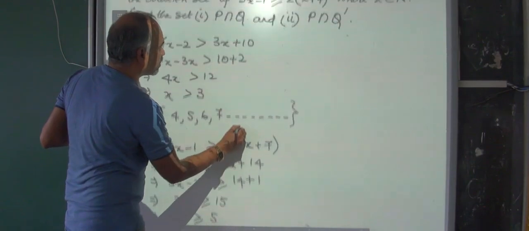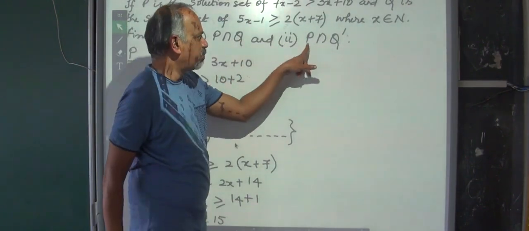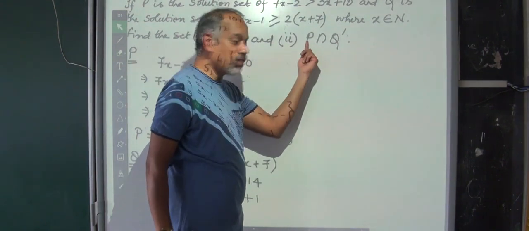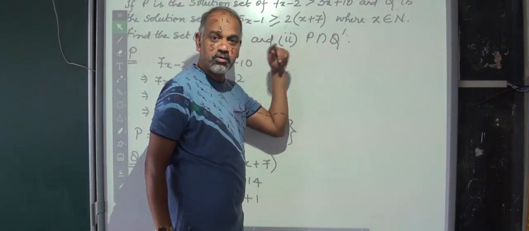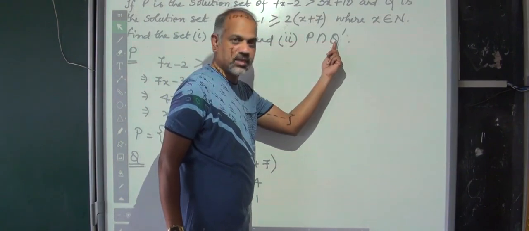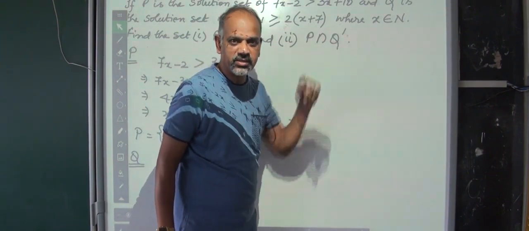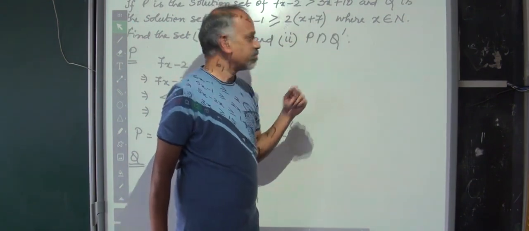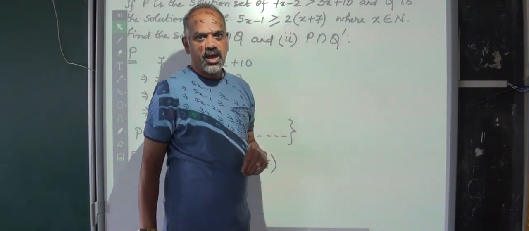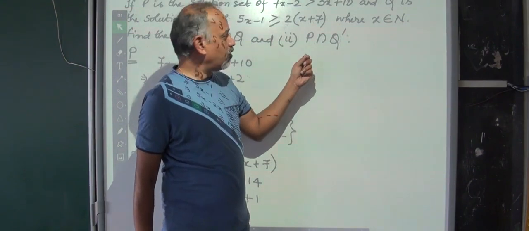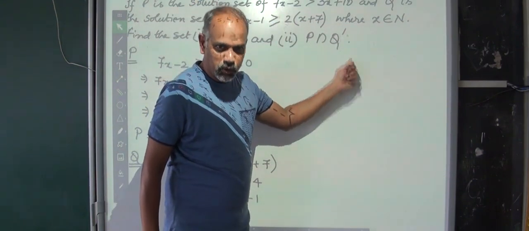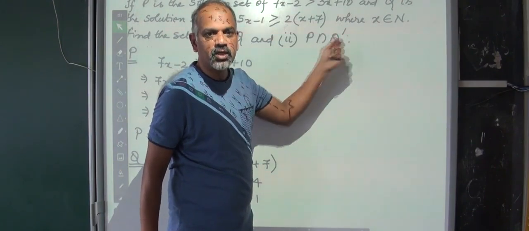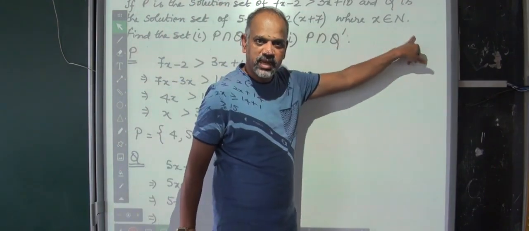Let's see the second question. The second question is P intersection Q dash. We found P and we found Q. But there's something else. There is a Q dash. So first thing is you have to find what is Q dash. Okay. Q dash are elements of Q, elements which are not present in Q. Here it says x belongs to natural numbers.